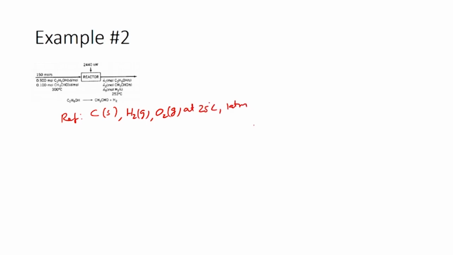Now the substances which I have are C2H5OH, CH3CHO and hydrogen. So, I would have N dot in, H cap in, N dot out and H cap out.